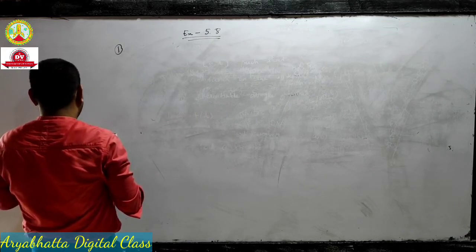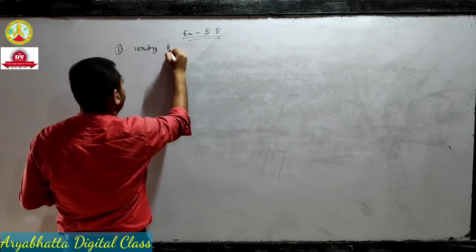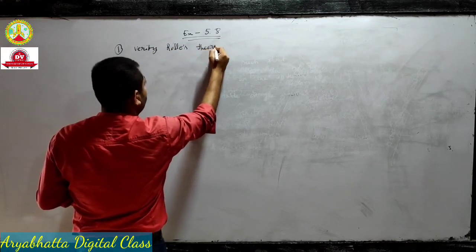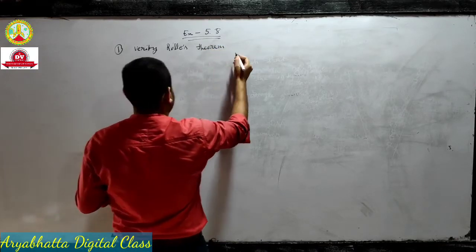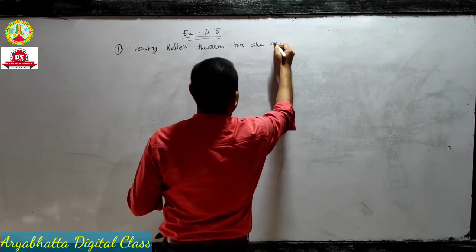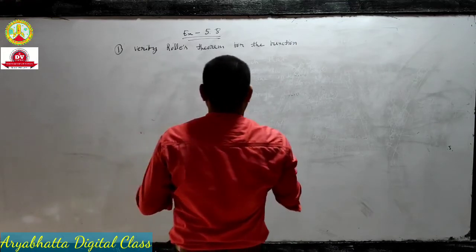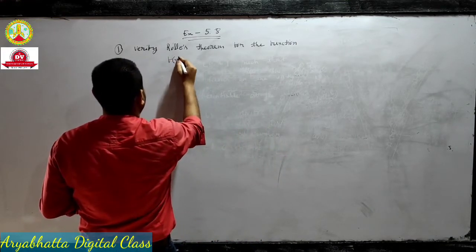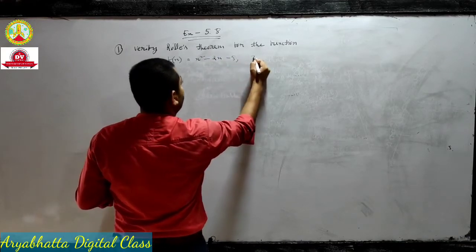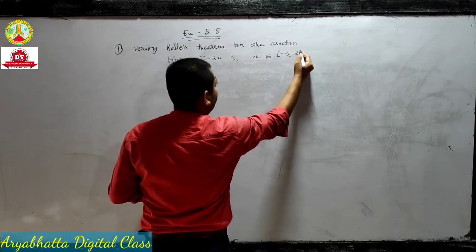Verify Rolle's theorem for a function f of x is equal to x square plus 2x minus 8, x belongs to closed interval minus 4 comma 2.